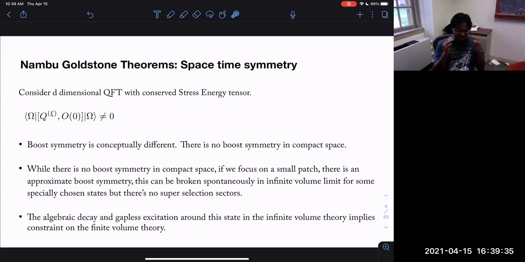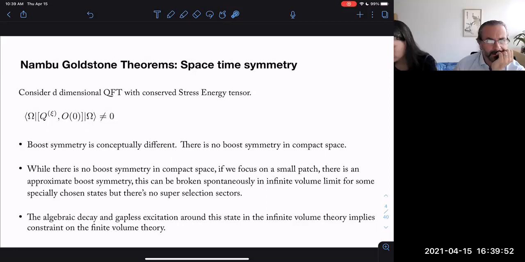The main point is that the algebraic decay and the gapless excitations around this state, omega, in the infinite volume theory will imply some constraint on the finite volume theory. So even though there are no superselection sectors, we do have some algebraic decay, we do have this equation, and we do have the implications of these equations.